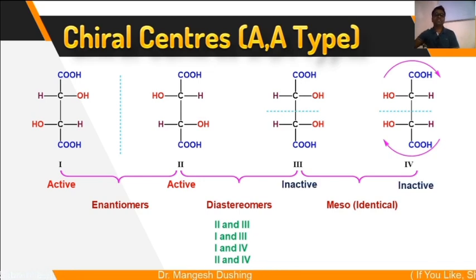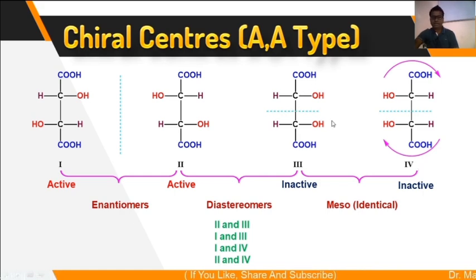So the conclusion of this slide is that stereoisomers containing AA type of stereocenters contain only 3 stereoisomers: compound 1, compound number 2 and compound number 3, because compound number 3 and compound number 4 are one and the same.